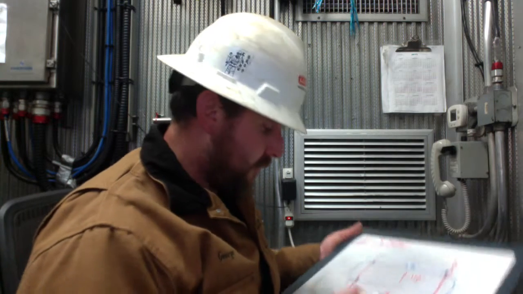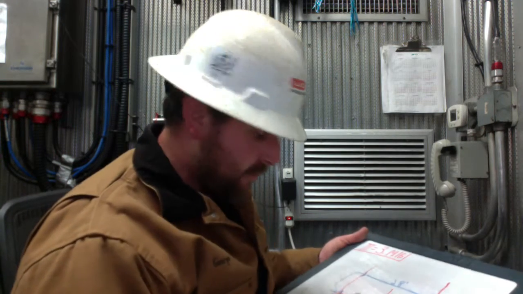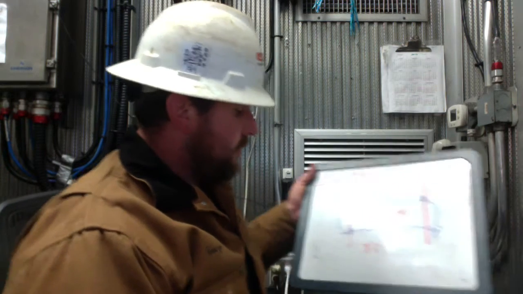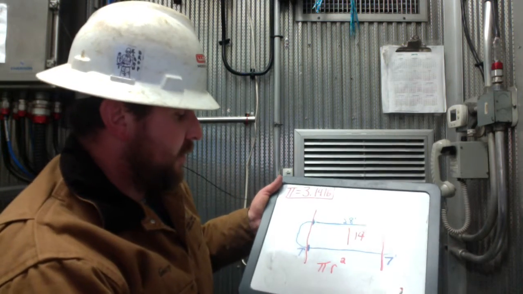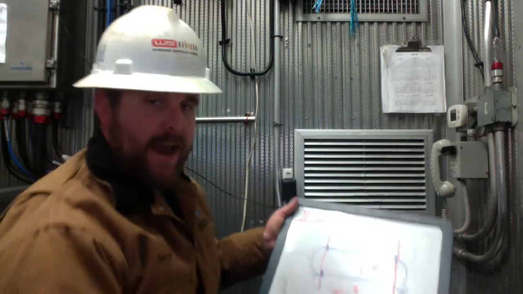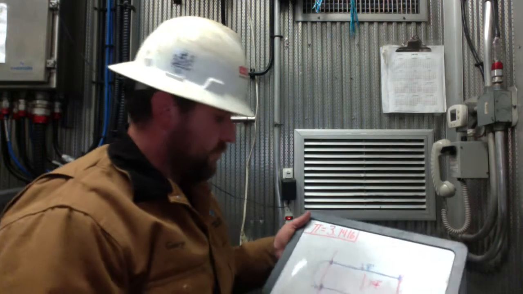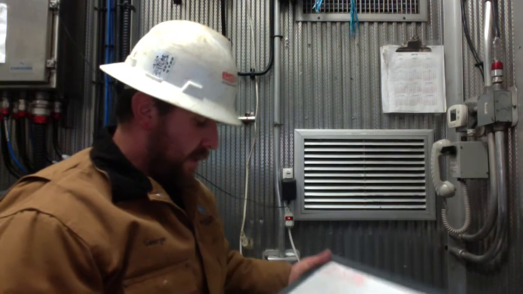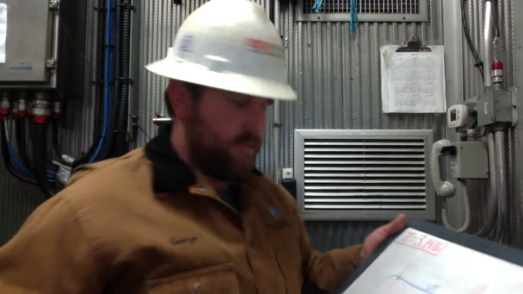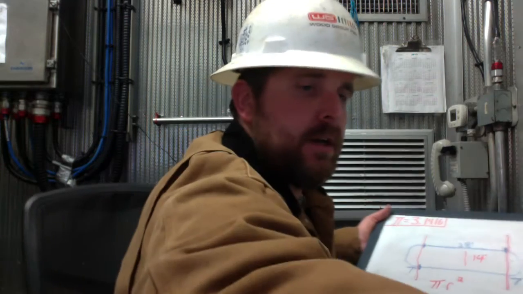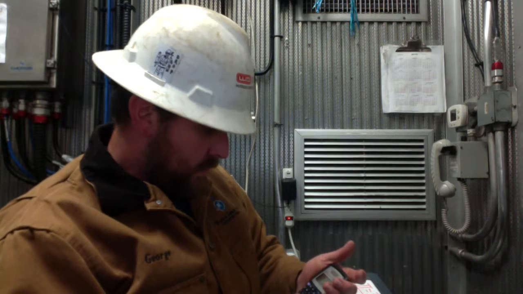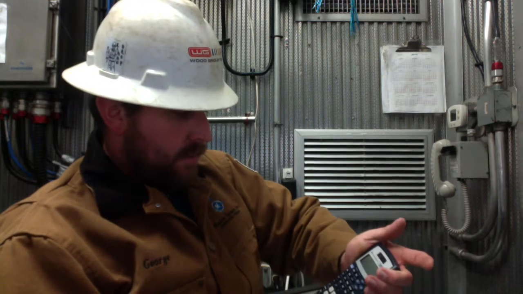I know the lame joke has been done too much, but pi r squared is the formula to figure out the area, the flat measurement of a circle. So basically, take pi. Get our calculator, because it's always better to work it like that. I'm going to go 3.1416.